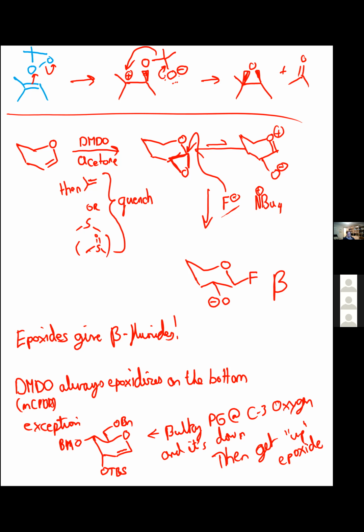That's a stupid sugar for the first thing, because who wants an axial oxygen at C3? It's not a very biologically relevant sugar. It also needs to be a bulky protecting group. If the protecting group is not bulky, then you still get the DMDO, you still get the epoxidation down. The epoxidation down is really, really favored. So getting the epoxidation up is really, really hard to do.